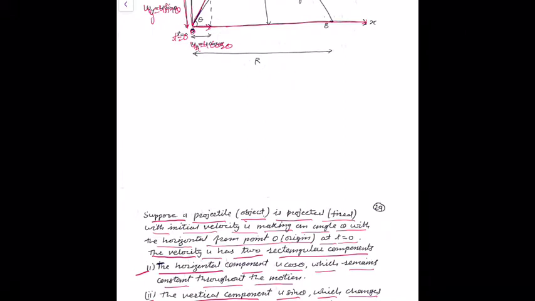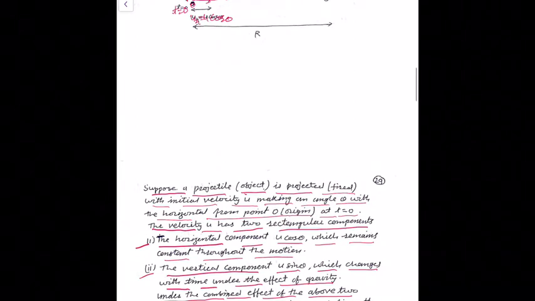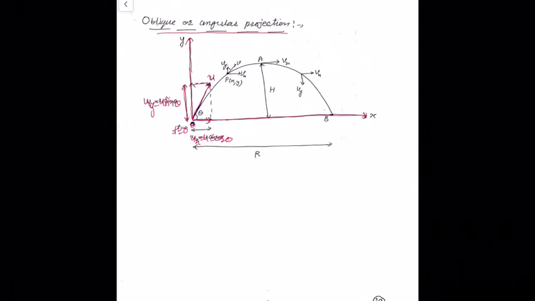Under the combined effect of the above two components, the body follows the parabolic path OAB. Here, parabolic path OAB.